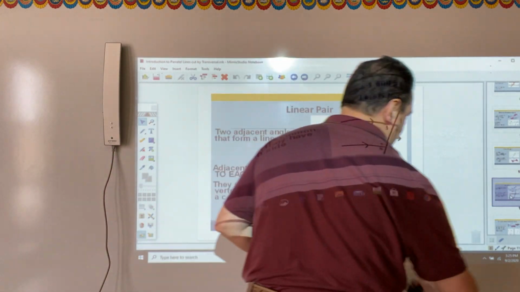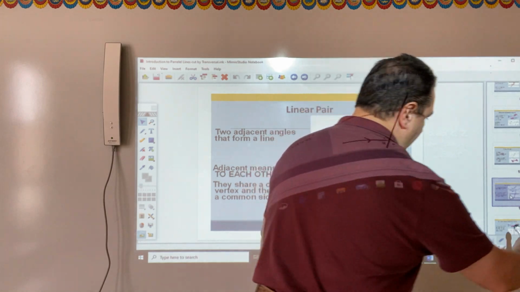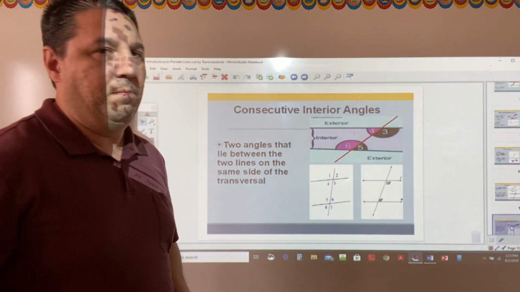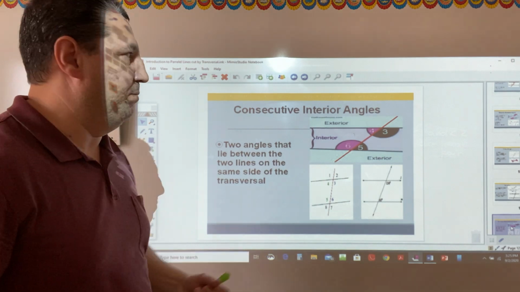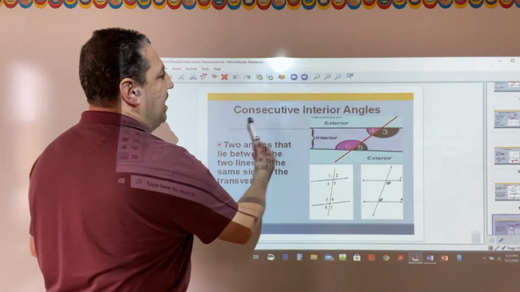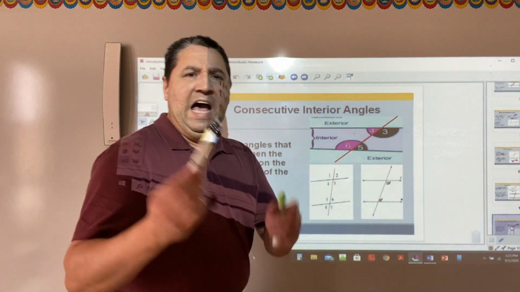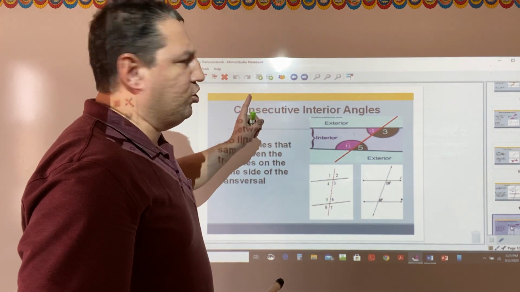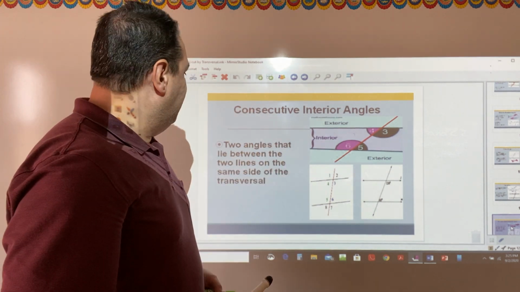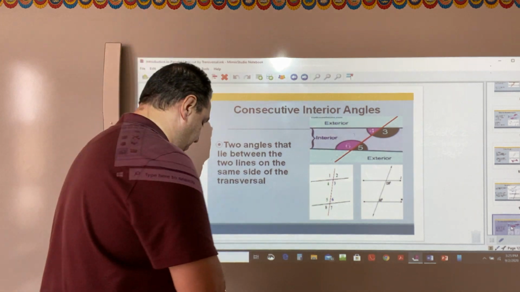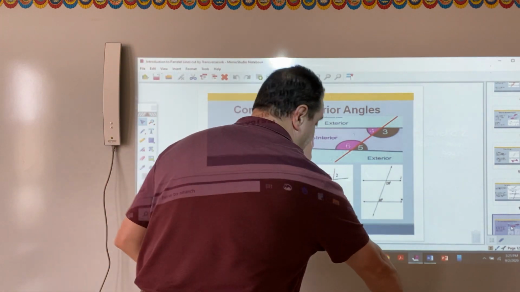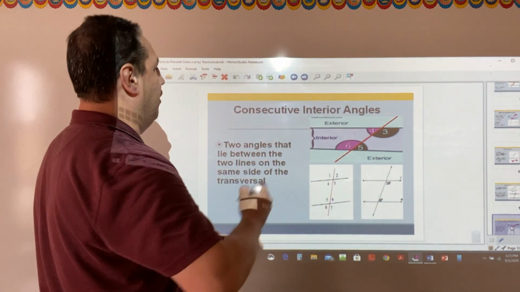Another type of angles formed by a transversal and parallel lines are consecutive interior angles. Guys, I wouldn't suggest using this name. I would use another name that is less confusing for you.